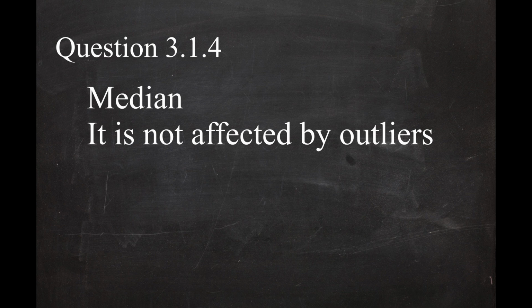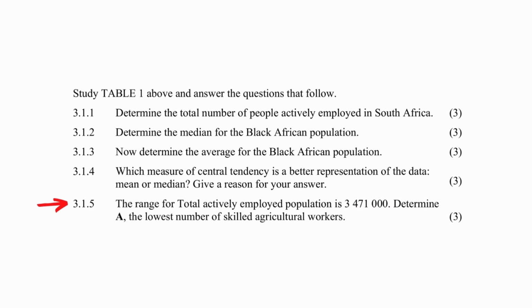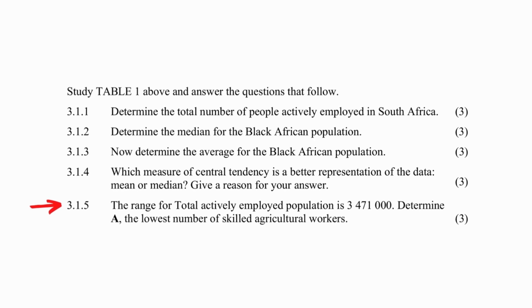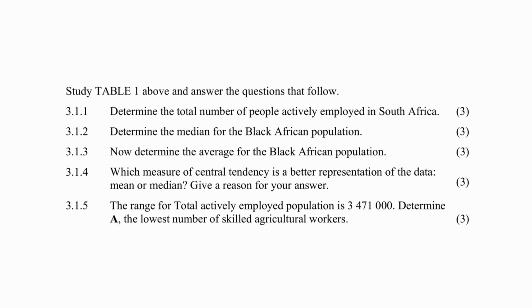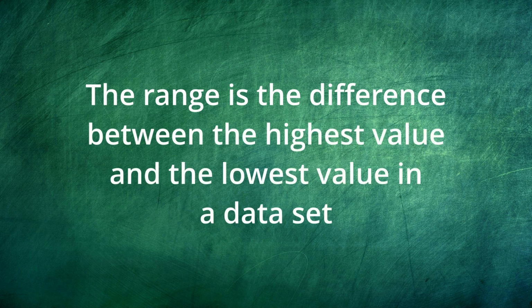In question 3.1.5, you are given the range of the total actively employed population. You have to determine A, which is the lowest number in that data set and is represented by the profession of skilled agricultural workers. The range is the difference between the highest value and the lowest value in the data set.